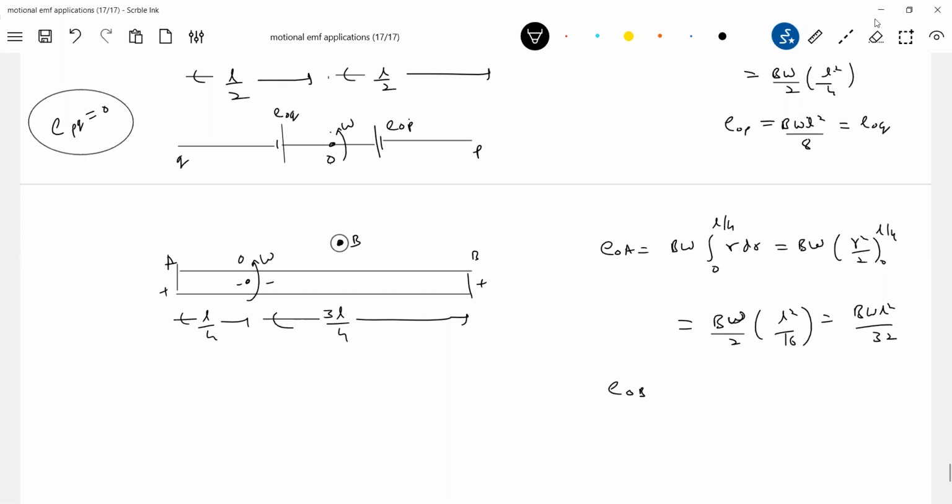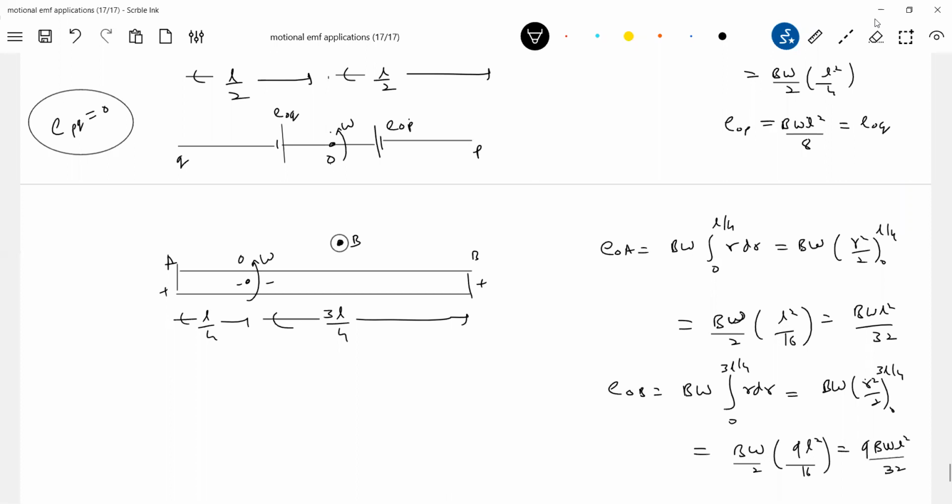Similarly, EOB, zero to 3L by 4, B omega by 2 into 3L whole square, so 9 L square by 16, so 9 B omega L square by 32.